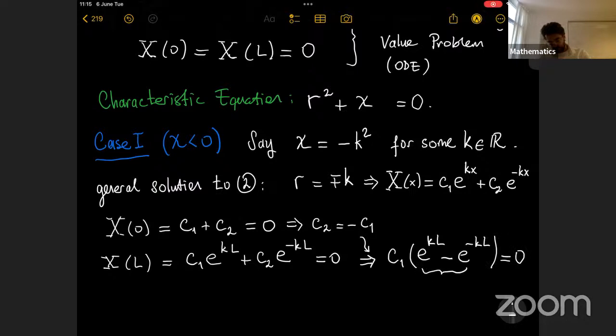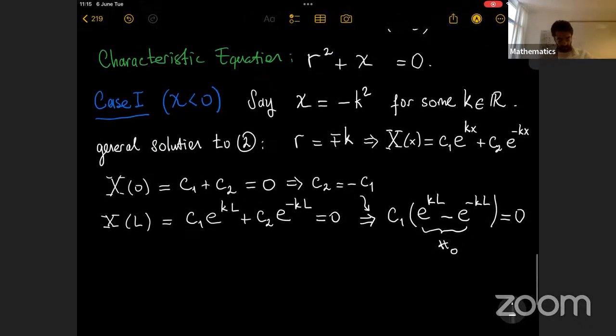But this is non-zero because k and minus k are different, right? So this implies c1 must be 0. But if c1 is 0, c2 is also 0 because c2 is minus c1.